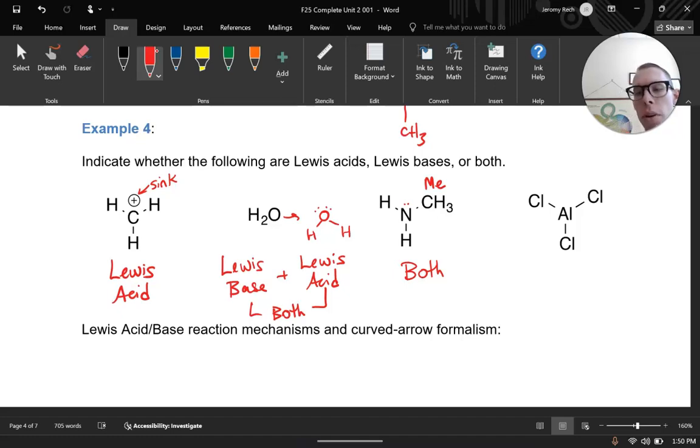And that pz orbital can come and be filled, meaning that this will be a good Lewis acid in the same way as our carbocation and our boron species was. While there are lone pairs around those chlorines, my chlorine already has one bond. It has no desire to go anymore, and therefore this cannot actually act as a Lewis base, and it can only act as a Lewis acid.